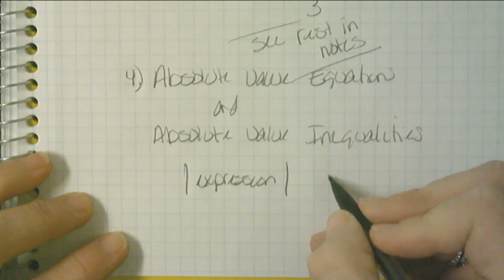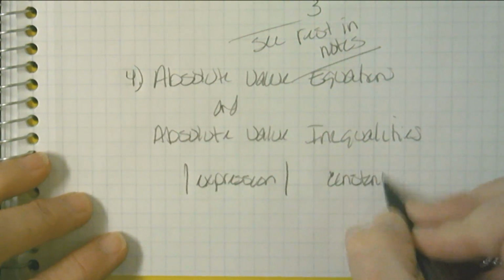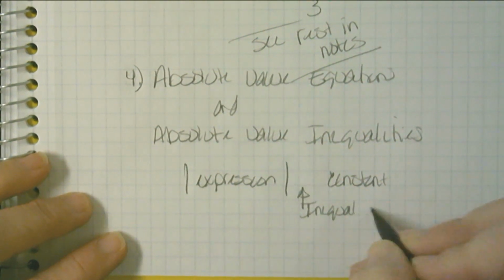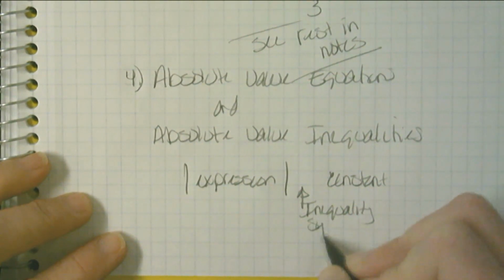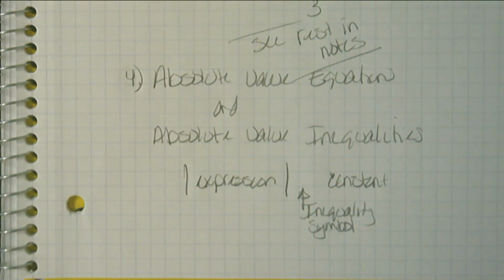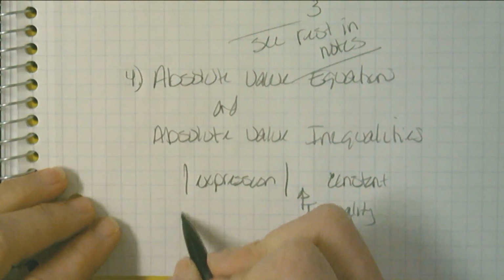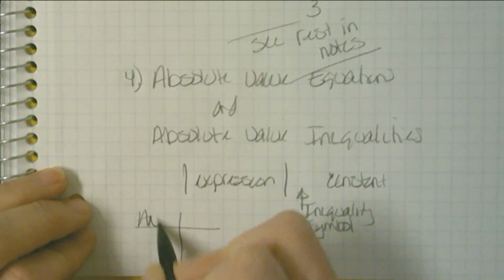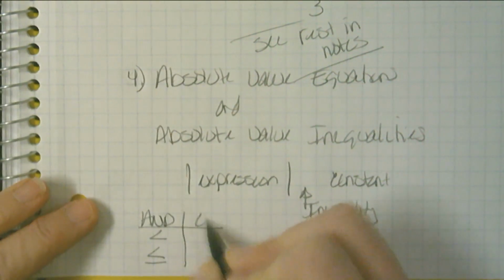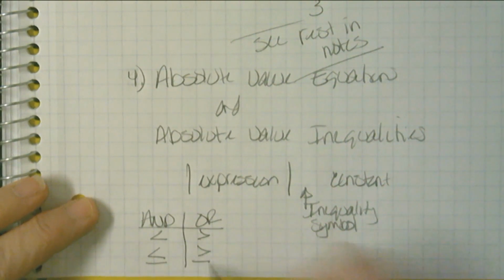You need your constant on the right, and then you have your inequality symbol between them. That's when you determine if you have an and or an or. All right, remember, an and is less than or equal to. The or is greater than or equal to.